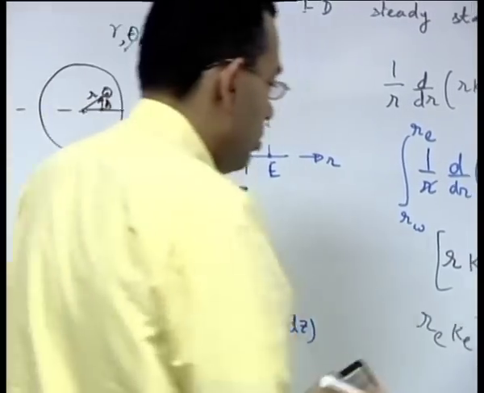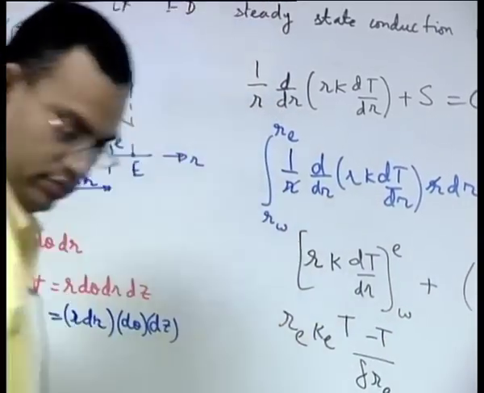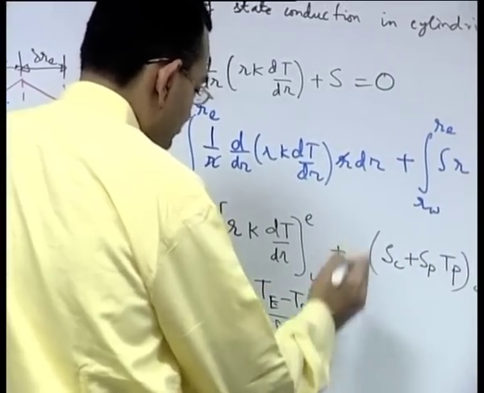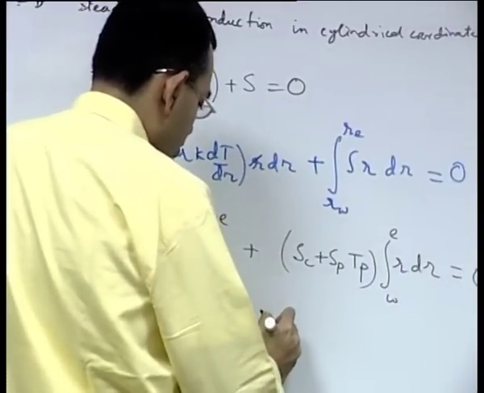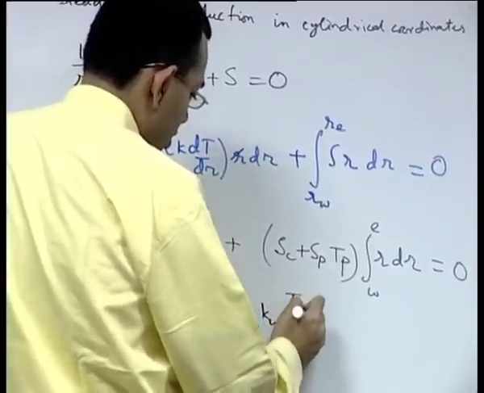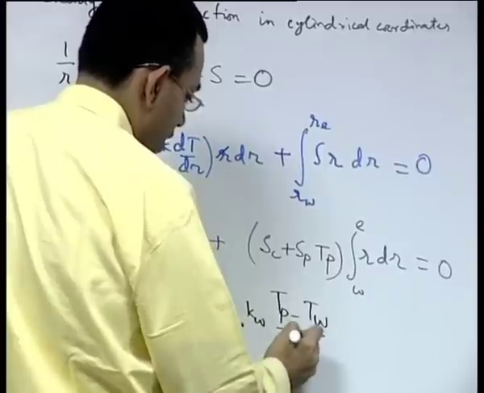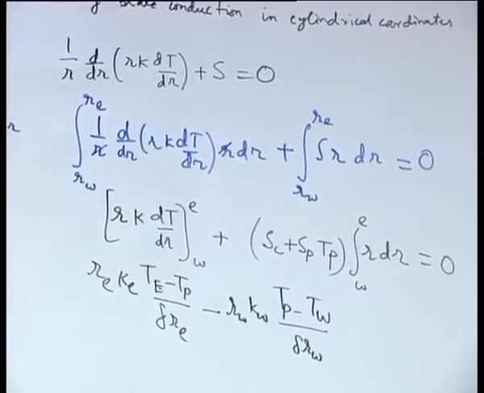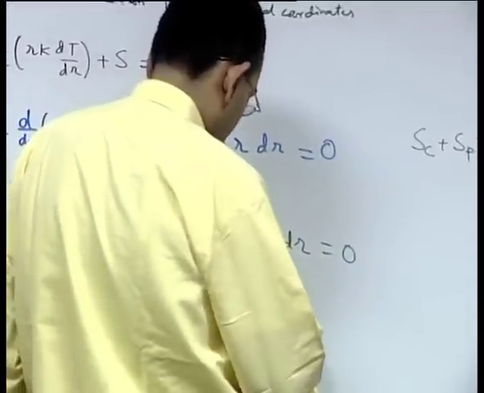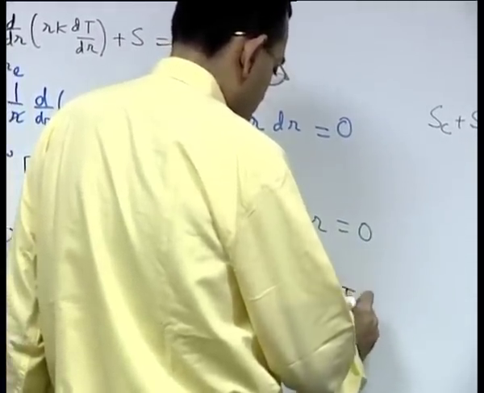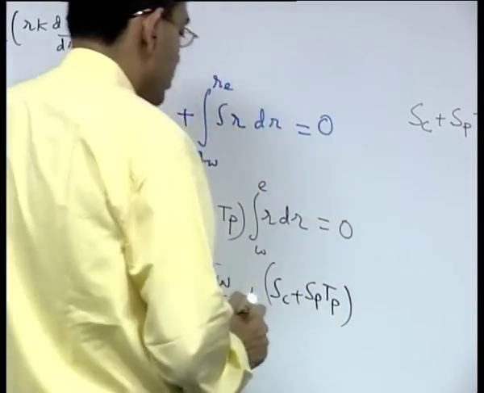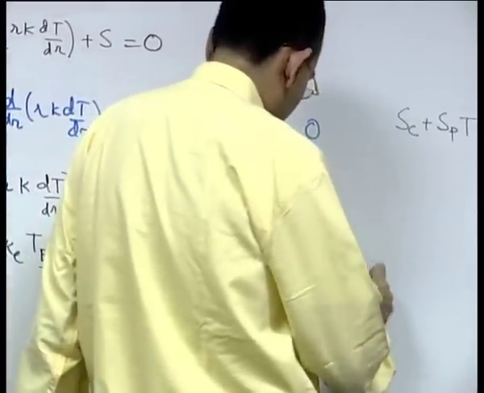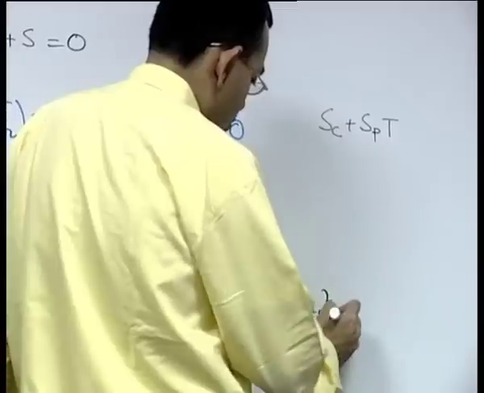So, sorry, this is Te minus Tp by delta Re, minus Rw Kw (Tp minus Tw) by delta Rw, plus the source term. The integral of r dr is r square by 2. So, Re square minus Rw square by 2 equal to 0.